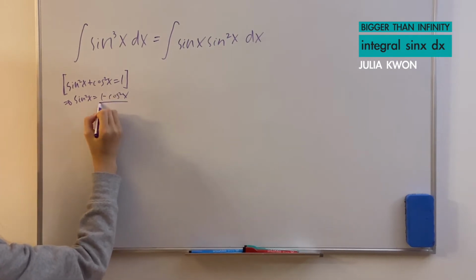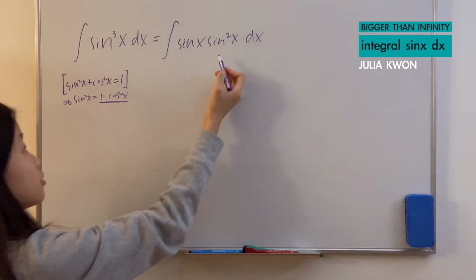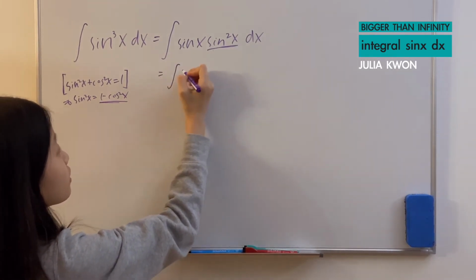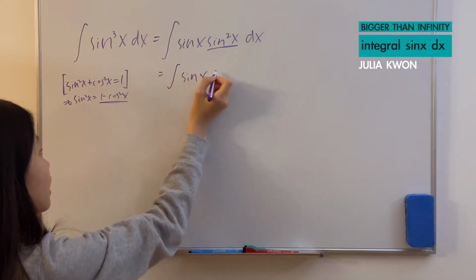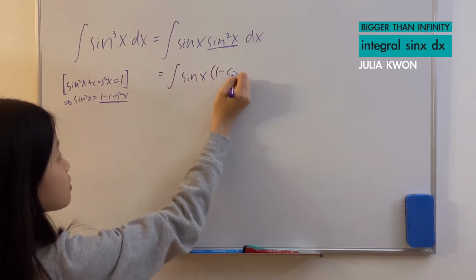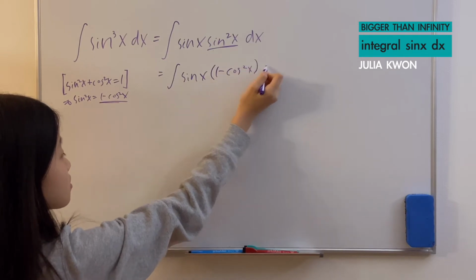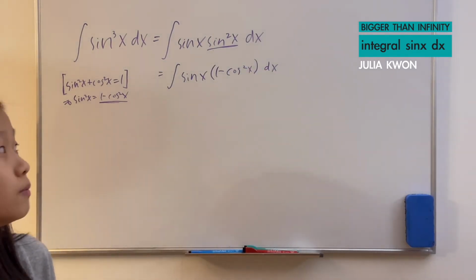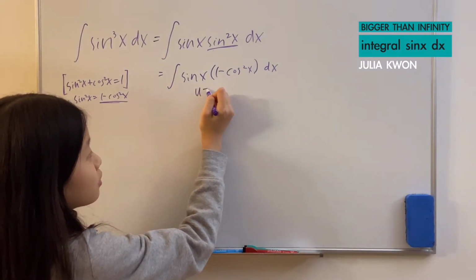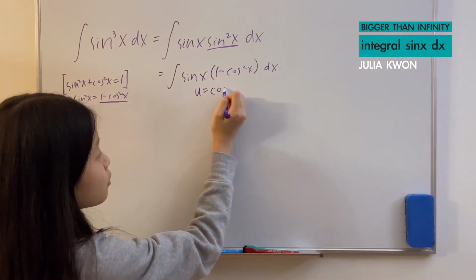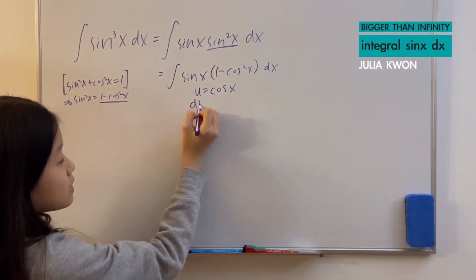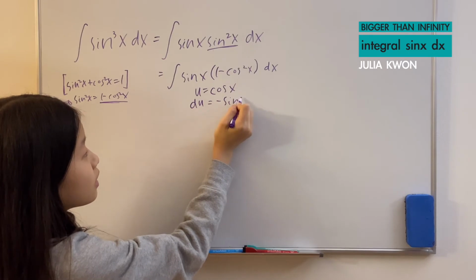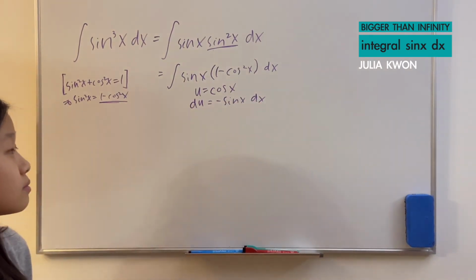So we're going to replace 1 minus cosine squared x into sine squared here. And then we would get sine x times 1 minus cosine squared x dx. We're going to use a u substitution rule, and we're going to set u equal to cosine x, which means that du would be the derivative of cosine x, which is negative sine x dx.